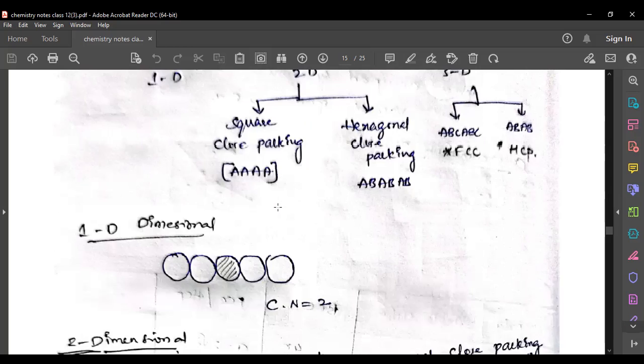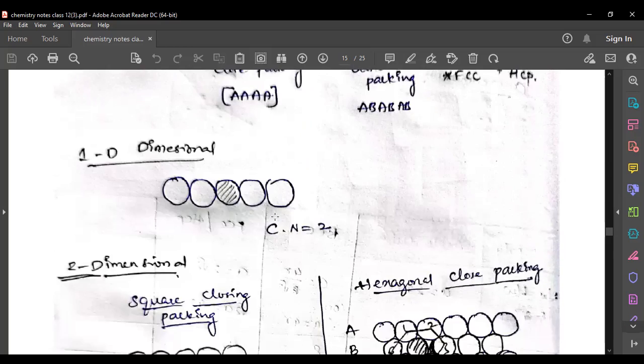So first let us start with the one dimensional itself. One dimensional means what? Arranging the atoms in a single row or in a single column. That is the simple one dimensional close packing. Suppose we take some atoms and arrange them in a particular row. If you take one particular atom in the one dimensional close packing, each atom can touch directly with how many other atoms?